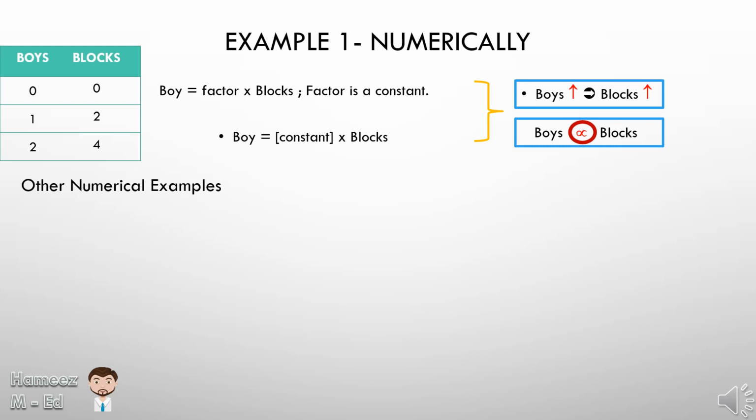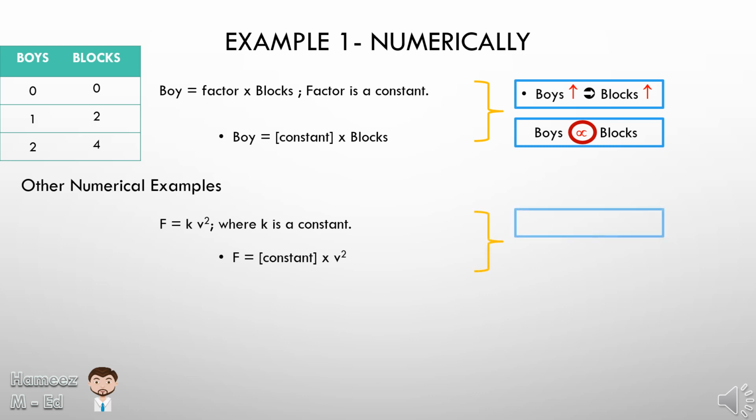Other numerical examples include, for a formula, f is equal to k times v squared, where k is a constant. That means f would be equal to a constant times v squared. So if f increases, then v squared increases. So we can say f is proportional to v squared.